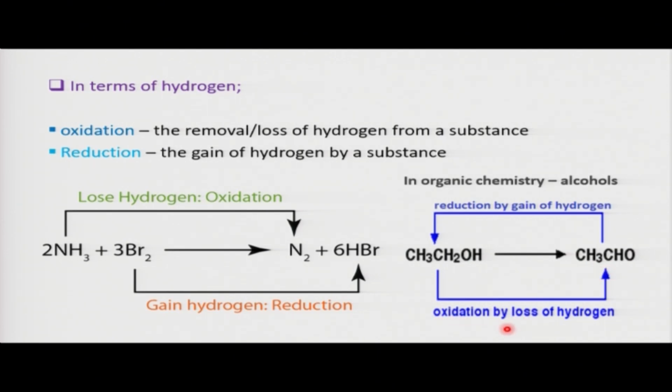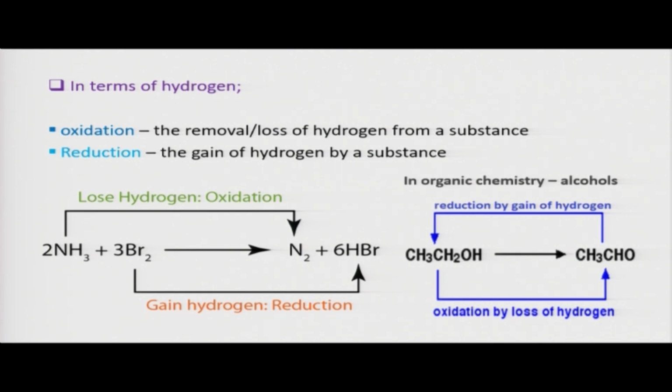Losing hydrogen becomes oxidation. Get this ethanal, add hydrogen back, and you'll form the alcohol, which we call reduction. In this case, we say alcohols are oxidized to carbonyl compounds by loss of hydrogen and are reduced back to alcohols by the gain of hydrogen.